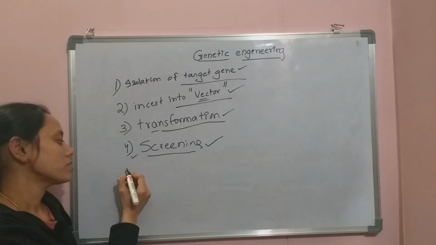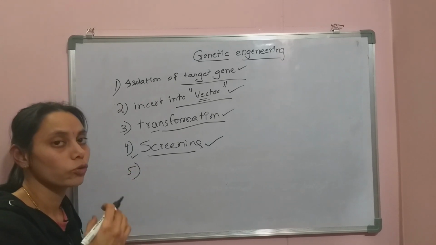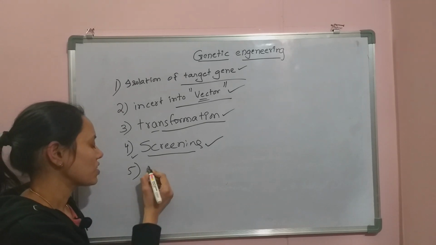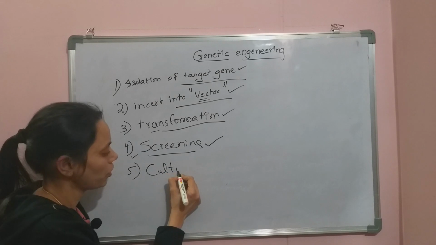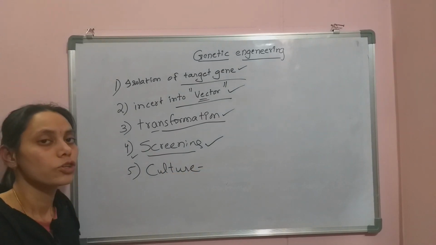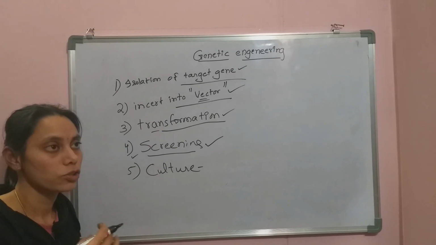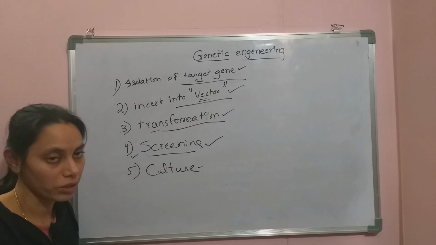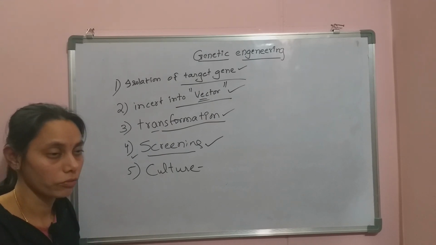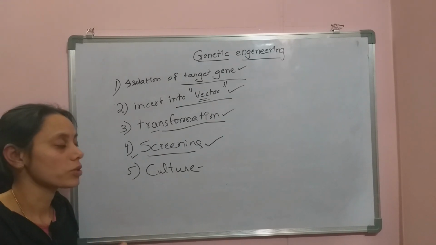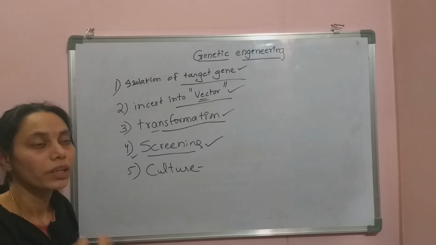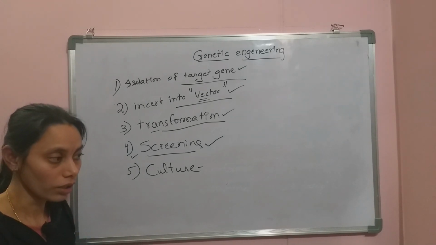The last step is culture. If it is an animal or plant cell, from the set of cells we need to go for culture to make them into a whole living animal or plant. If it is a bacterium, a number of bacterial clones will be produced from the transformed cells, so the product, let it be a protein or DNA, will be produced on a large scale.